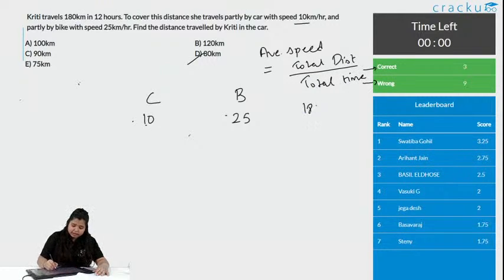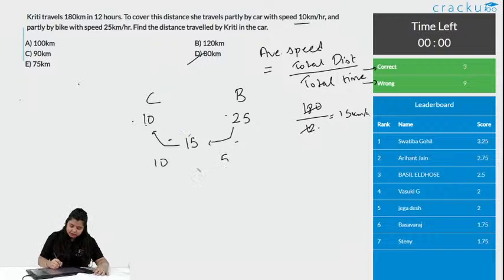It is 180 kilometer. What is the total time? It is 12. So, directly it is 15 kilometer per hour. That means the average speed is 15, right? Use the alligation method again. What you get? 10. Subtract it. What you get? 5. What is the ratio?